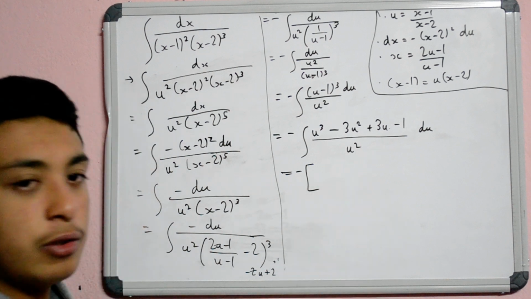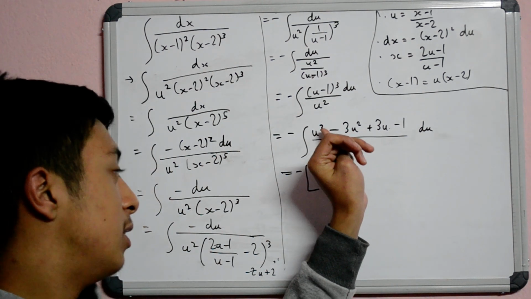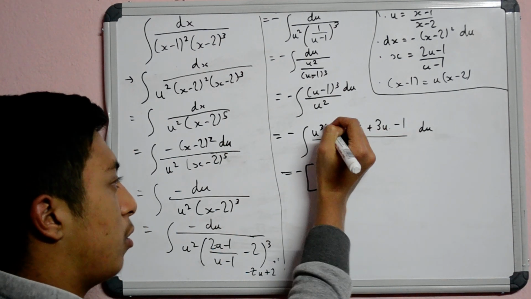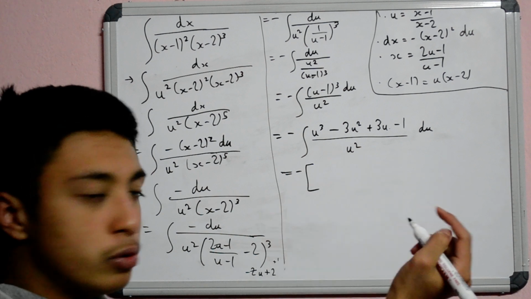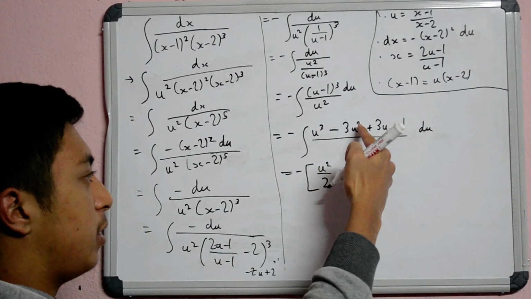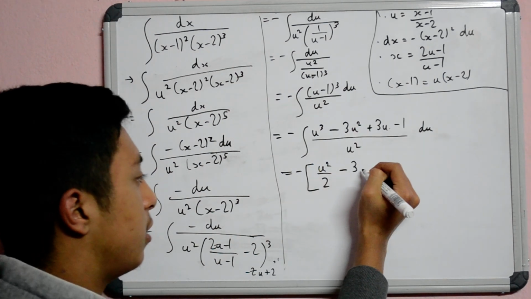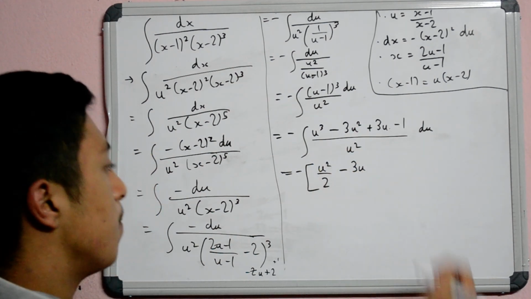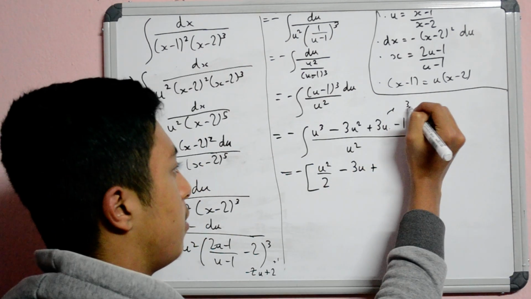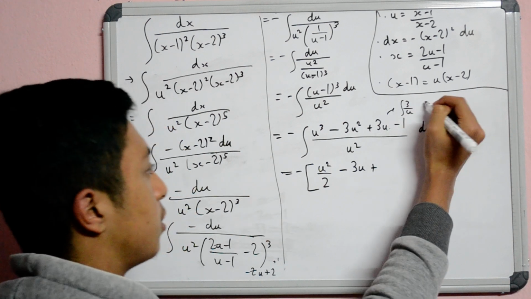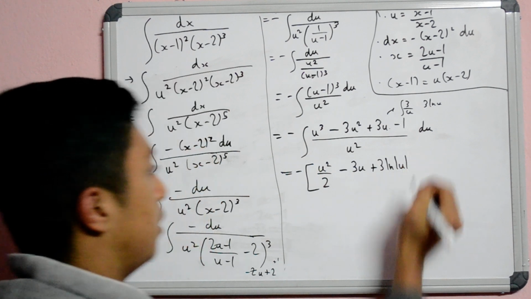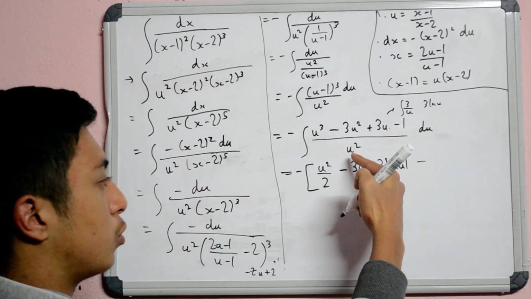Let's solve this integral, because here we can just separate these four terms. So this is the integration of u cube by u square, which is u square by 2, minus, they both have u square, so this is just the integration of 3, which is 3u, plus this is 3 by u integration, which is just 3 log natural of u, minus 1 by u square.